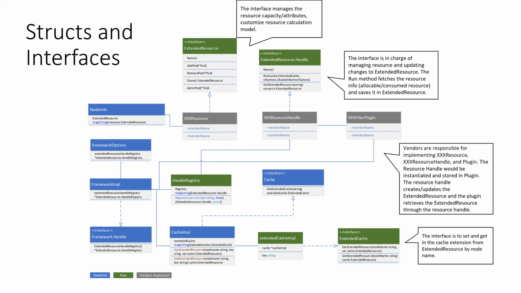And the extended resource handle is an interface to manage the extended resource and to keep the extended resource up to date. The run method of the interface is to retrieve the resource info and initialize this resource in the extended cache. I mentioned the resource vendor here because, in our scenario, it can be an independent role different from the scheduler plugin developer.